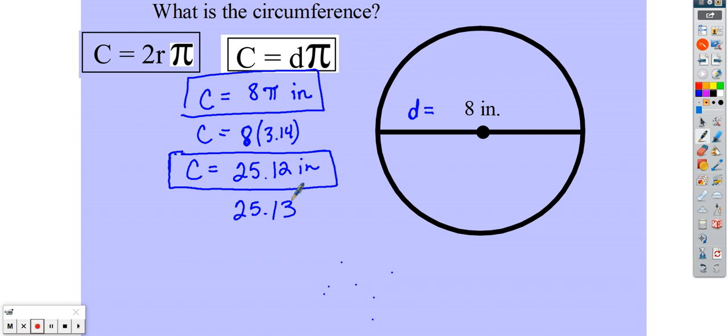See, that's not a big difference. So in the back of your book, if you're using 3.14 and you're not using the pi button, your answer will be slightly different, and that's okay. This is correct, and this is correct, as long as it's really close. And of course, this is correct because this is my answer in terms of pi.